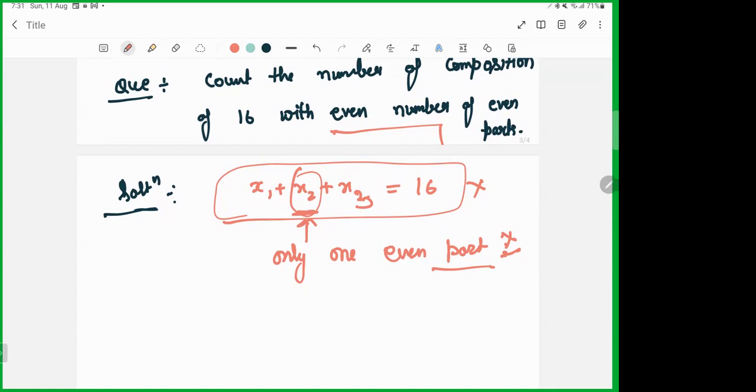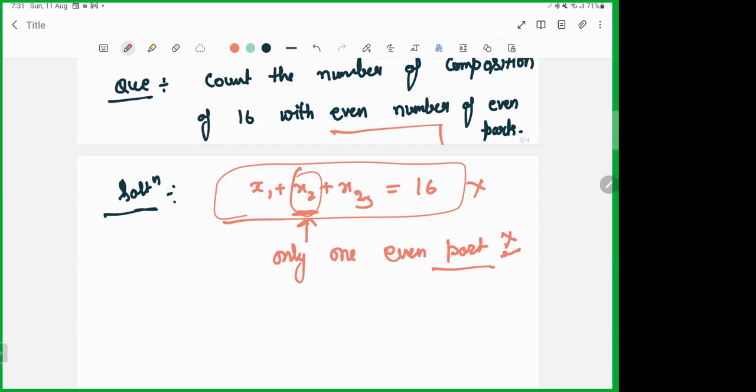Any idea? Sir, in terms of the number of parts, 2, 4, 6, 8. If we have 4, the only option is x1 to x8 or x9. Why?